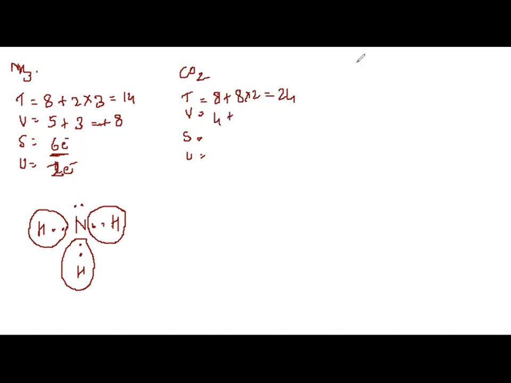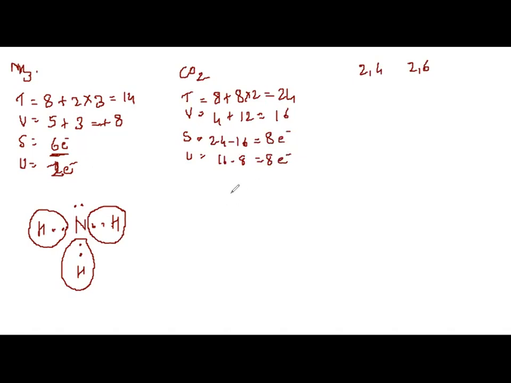On oxygen: 6. 6 into 2 is 12, 12 plus 4 is 16. 24 minus 16 is 8. So 16 minus 8 is 8. So 8 shared electrons and 8 unshared electrons.